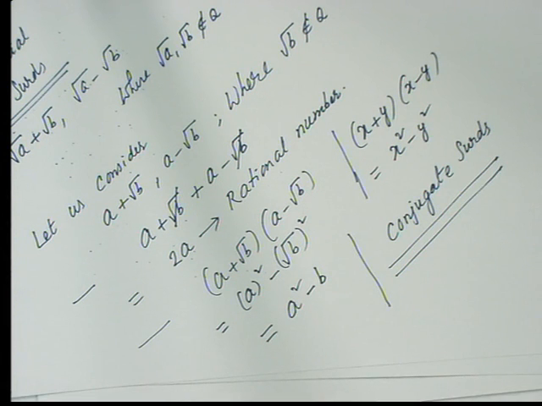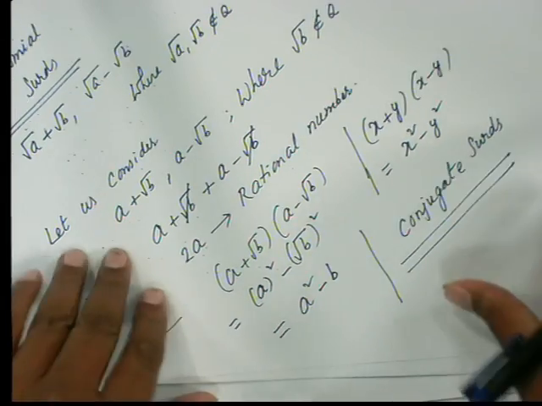If the sum of two surds is a rational number and the product of two surds is also a rational number, then they are said to be conjugate surds. Now let us examine some examples. You might have understood what is meant by conjugate surds.